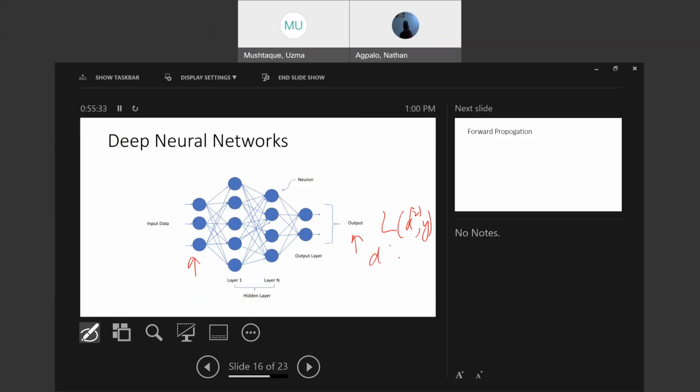So for example, dL with respect to dA, using that, I go to this layer, and then I compute some other derivatives. So essentially for every connection, I need these dWs and dBs, which is dL with respect to dW, dL with respect to dB. And that's why this is known as backpropagation. Why? Because I'm propagating this information from the right and then taking it back.